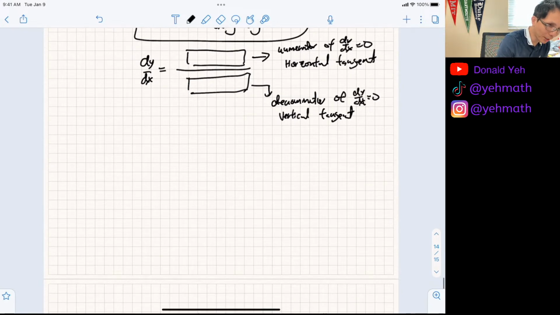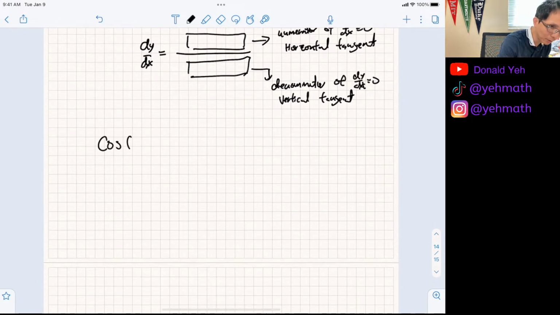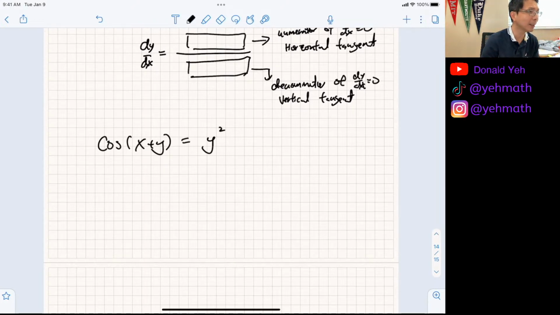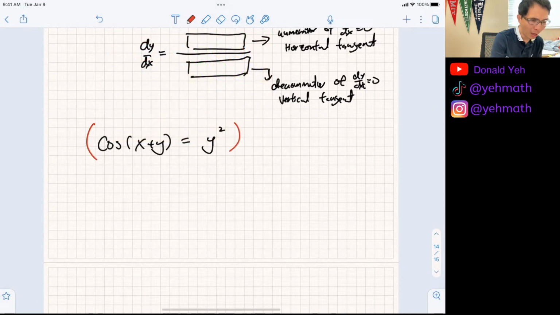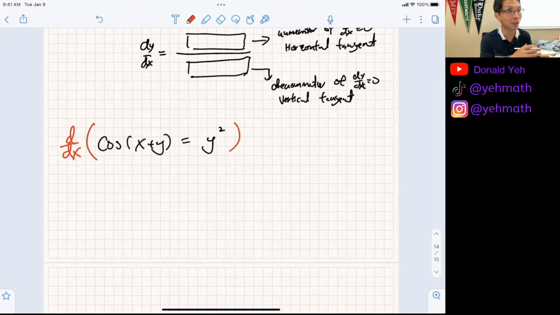Now I'm going to show you some trick questions. This one is actually one of the questions I love to test, to find the derivative of this. Some of you try to be cute, but please don't try to be cute. First of all, I know half of you have this tendency to think that cosine is distributable. It's not.